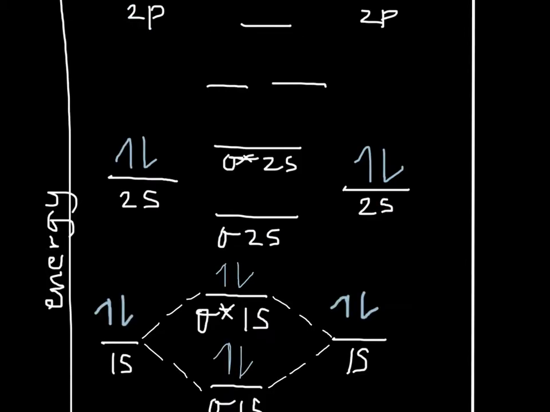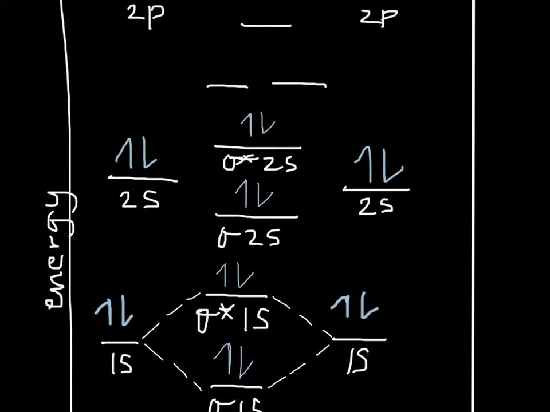The same will apply to sigma 2s and sigma star 2s, as there is one electron in the N- 2s atomic orbital and another electron in the N 2s atomic orbital, and one more electron in the sigma star 2s orbital from the N- and another electron in the sigma star 2s from the N.